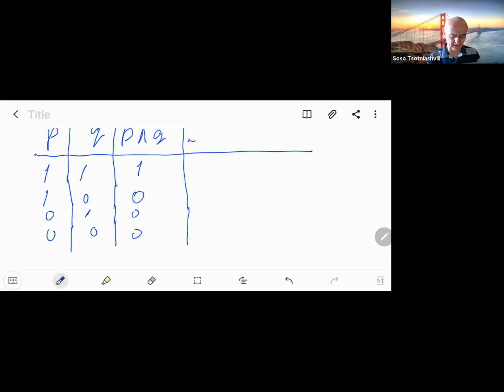The next column is the negation of this. P and Q, negation. And negation means it will be here false, false, true, and true.